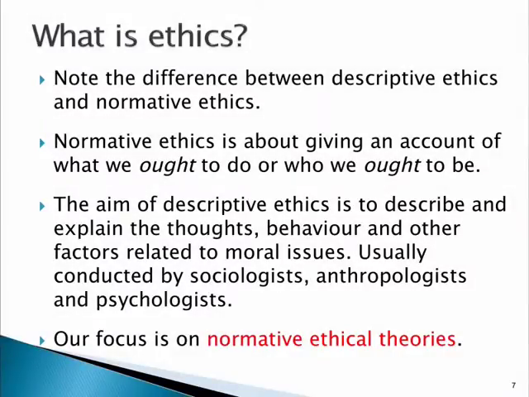As this slide shows, the real difference is about normative ethics being about what we ought to do rather than what we actually do. So rather than describing and explaining what people are doing, their thoughts and behaviours, which is what sociologists, anthropologists and psychologists often do, what we ought to do is quite different, or at least can be quite different.